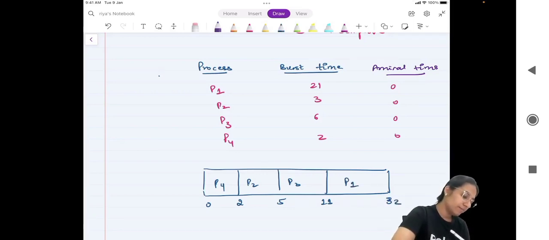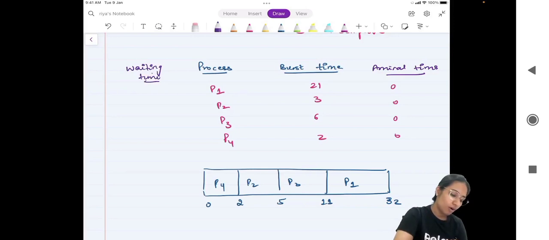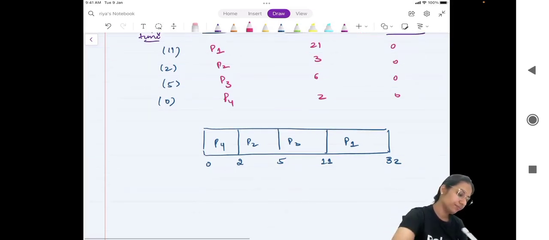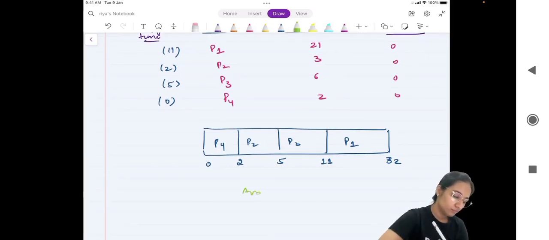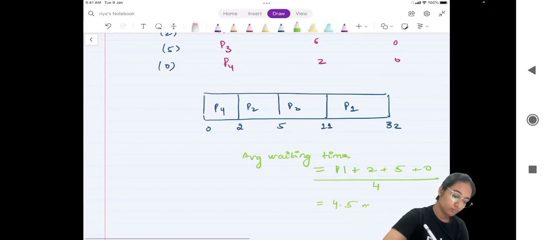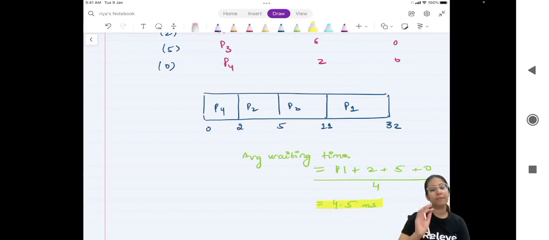So what is the waiting time? For P4 it's 0, for P2 it's 2, for P3 it's 5, and for P1 it's 11. And you can see how optimized it is.